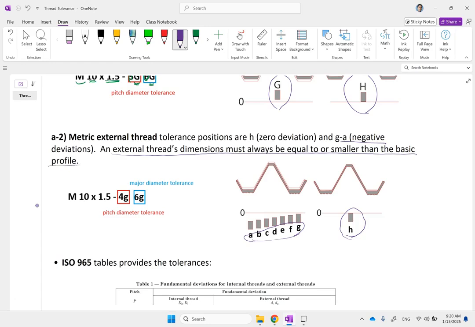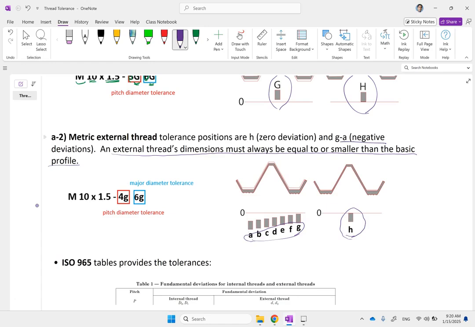Otherwise, it can never be used with an internal thread. It cannot basically be tightened through it. And as you go from A to G, the deviation is basically reduced. So A has the biggest deviation from the nominal, G has the closest to almost none.